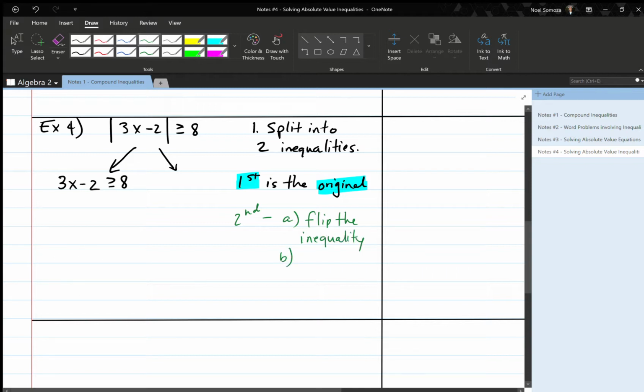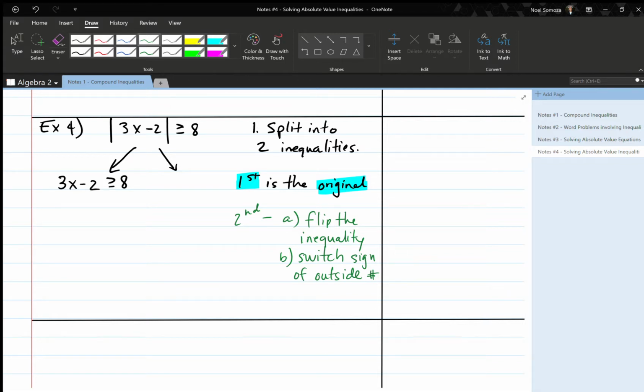And part B, you're going to switch the sign of the outside number. Okay, so switch sign. Kind of like what we did when we solved absolute value equations. First time we kept it, the next time we changed it to a negative. But in this case, you have to do one more thing, which is to flip the inequality.